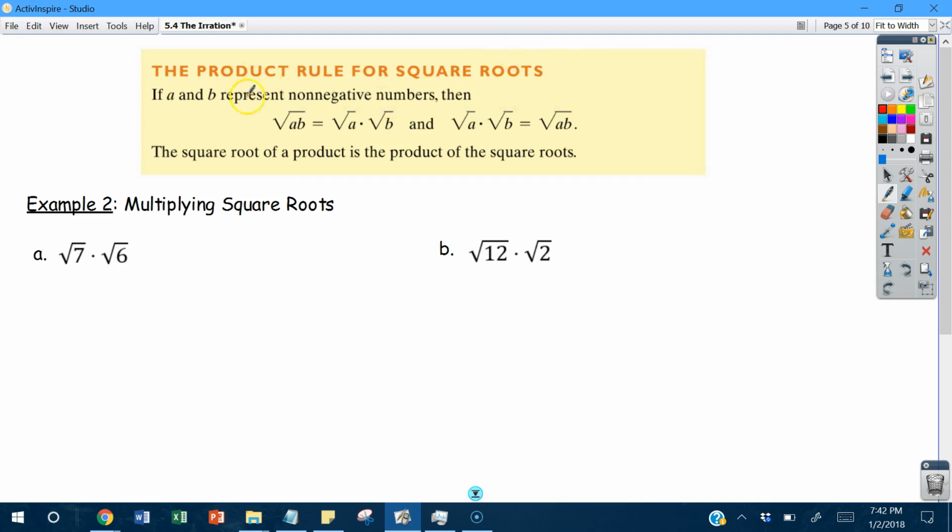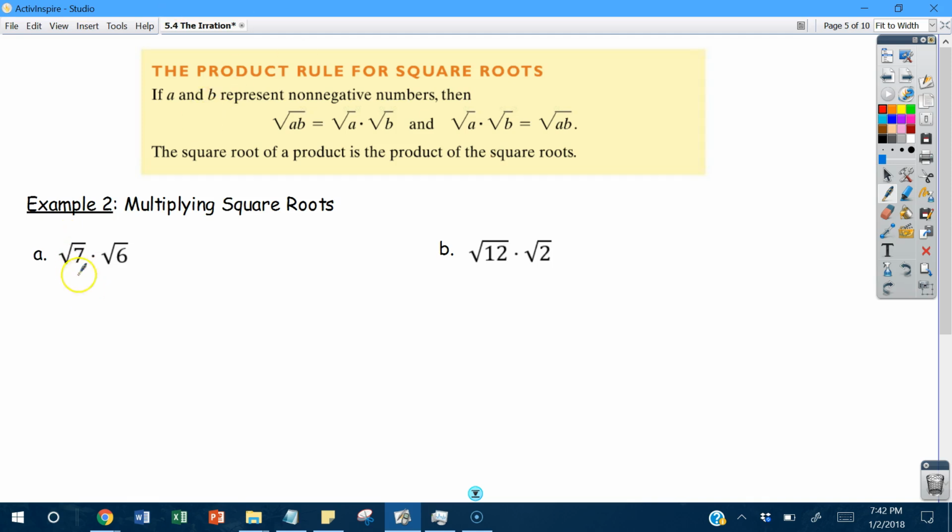We can use this product rule also to multiply square roots, and it doesn't turn out to be too bad. In the same way you can break up 2 factors into 2 different square roots, we can also take 2 different square roots and multiply them together, simply by multiplying the numbers inside. So this one actually turns out to be a little bit more simple than what we just did.